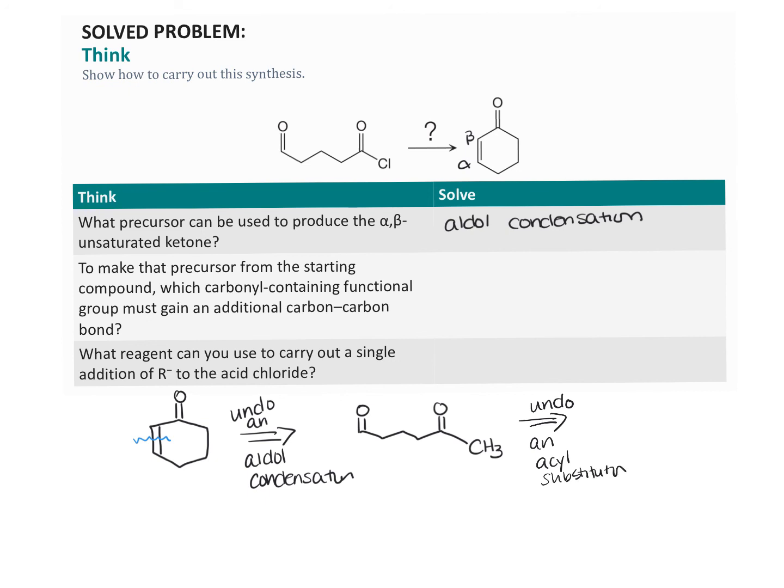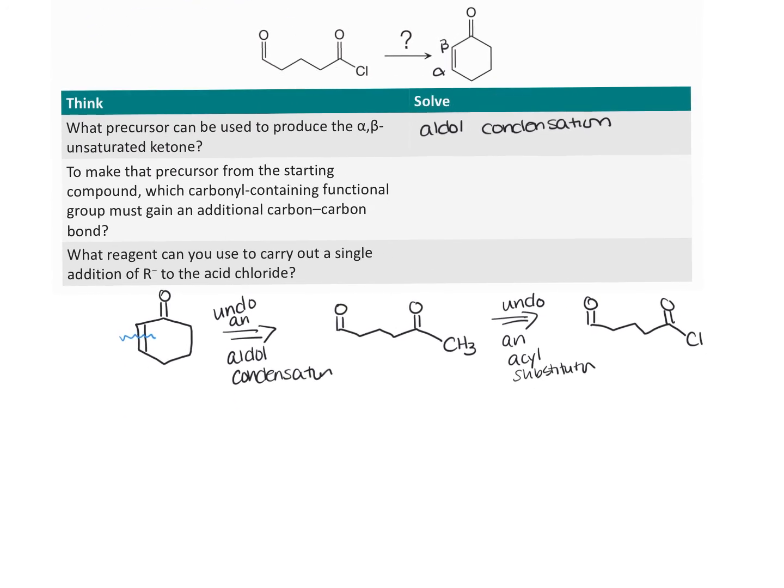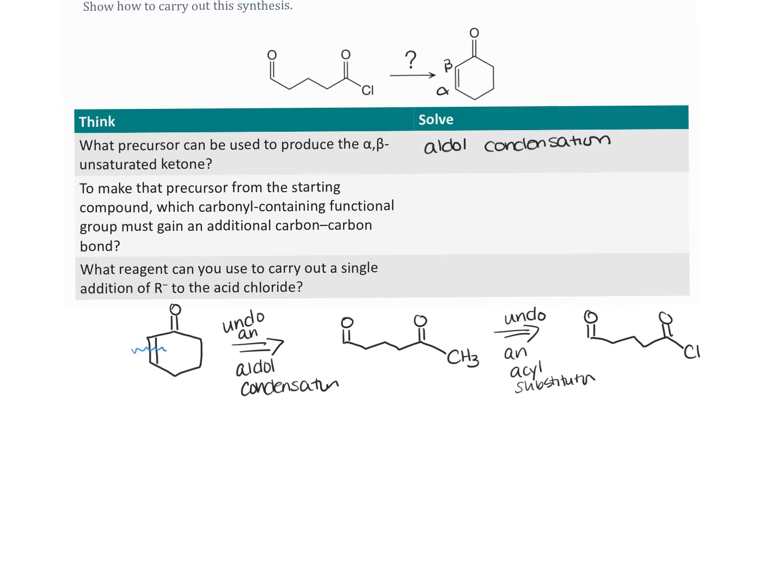So acyl chlorides are really reactive. We're starting at the top of the ladder. That's exciting, right? And so we can put an acyl substitution with an aldol condensation. And so I kind of answered that question, the second question there.